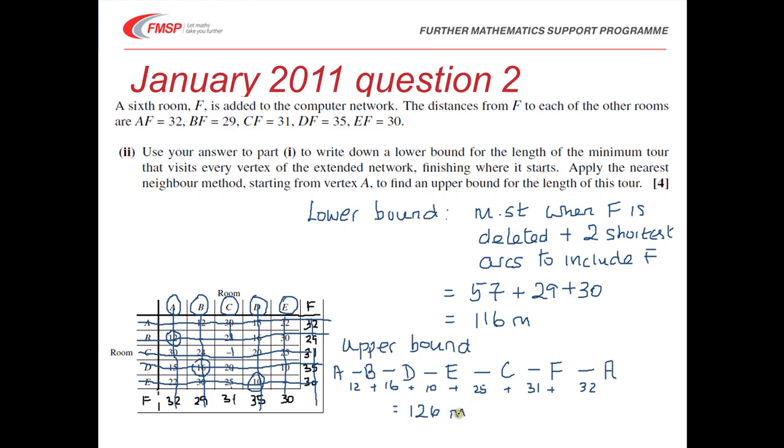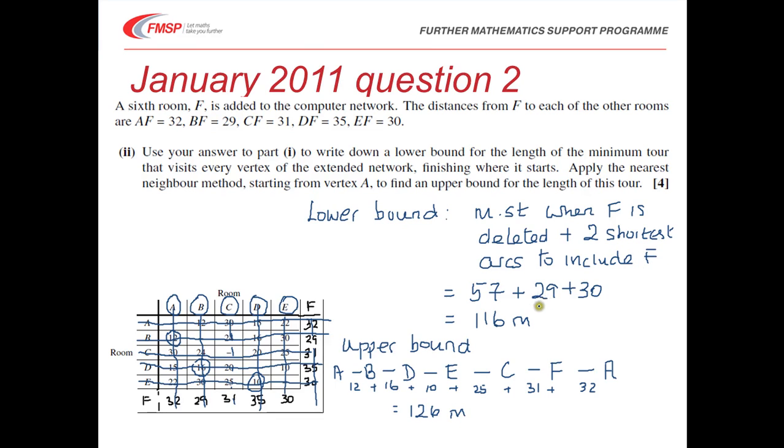So we have a lower bound of 116, an upper bound of 126, so the optimal route will be somewhere between those two. Now there were 4 marks for that part of the question.